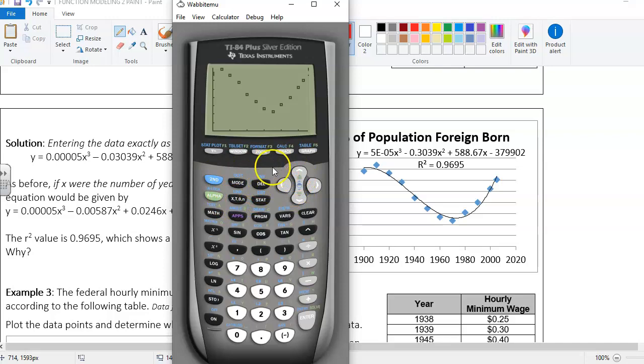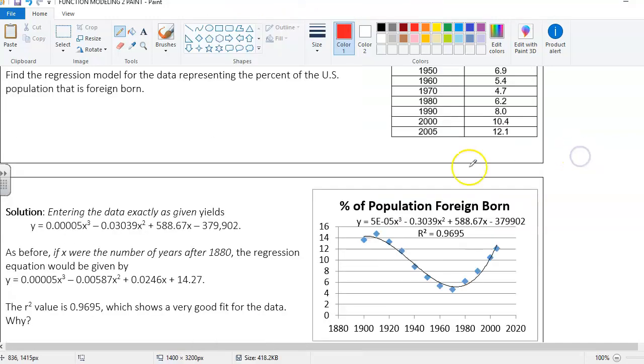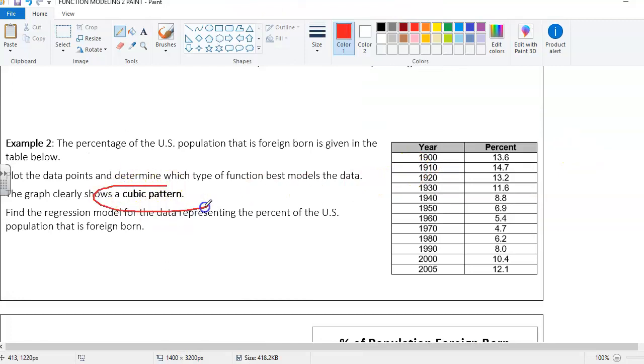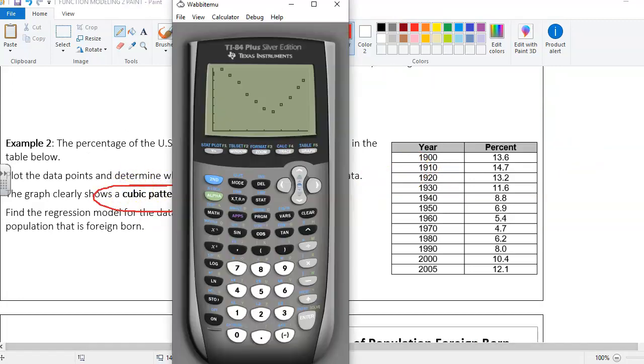Now, it is suggested, according to the data, that you do a cubic regression. So we're going to go into the menu that we normally do, Stat, Calc, and this time I'm going to do a cubic. That's x cubed, but it doesn't really matter how well you know these, as long as you know that quadratic dips down and back up.